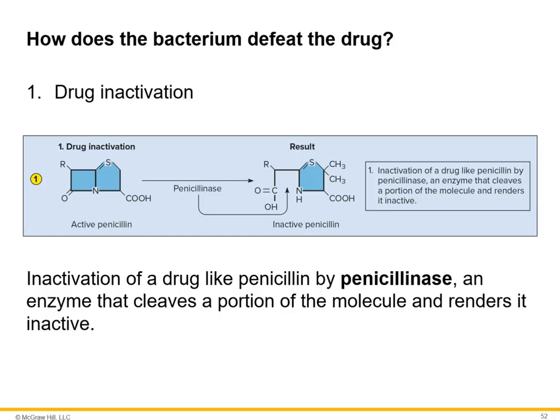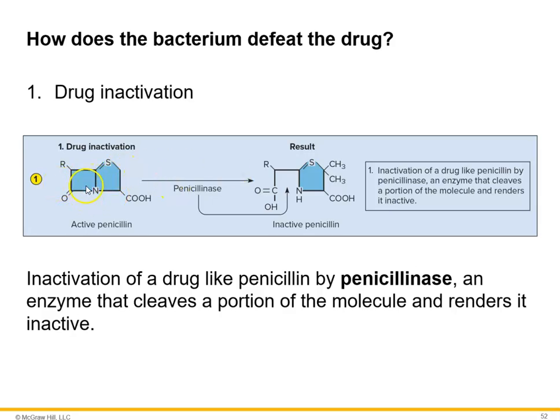the cell. Now, what some microorganisms do is they develop an enzyme that breaks down penicillin, and it's called penicillinase. And what this enzyme does is, you see this ring structure right here? This is the beta-lactam ring. This is the part of the penicillin molecule that interacts with those enzymes and blocks the ability of the natural substrate to interact with those enzymes.